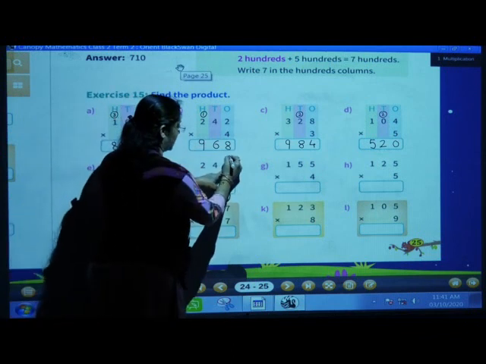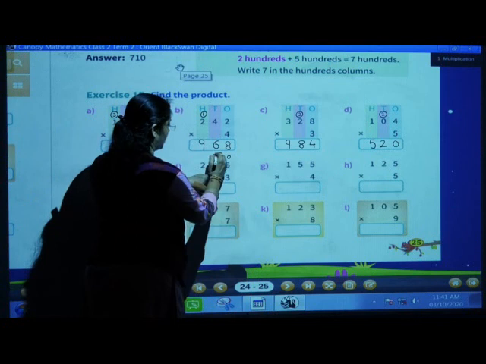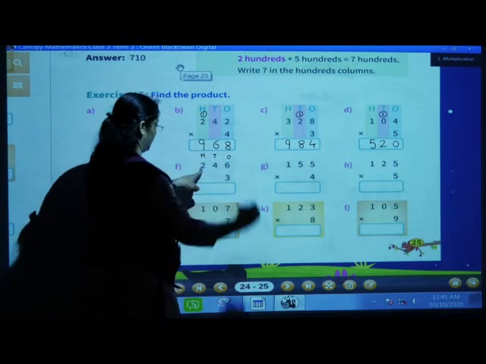Second, 246. 6 is the ones place, 4 is the tens place, and 2 is the hundreds place.